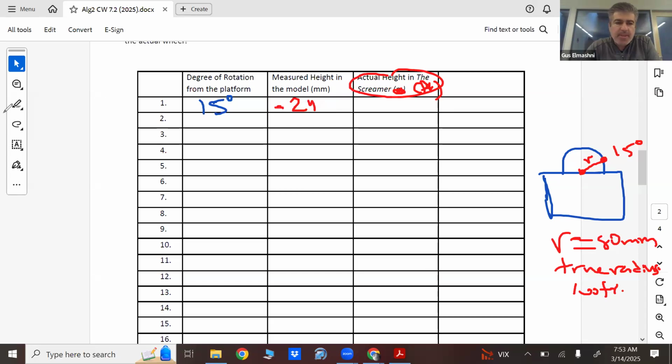And what you're measuring is the height, from the top of the cereal box to where it says 15 degrees on your circle. So we'll call this h, the measured height. It's going to be roughly about 24 millimeters. You're going to use a ruler to measure that. So then what you're going to do is set up a proportion like so in triangles, 24 over, say, 80. So these are your measurements.